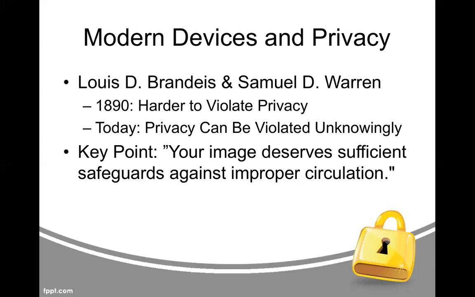Okay. So the key point here is your image deserves sufficient safeguards against improper circulation. So you want to make sure that in everything that you do, information that doesn't need to be circulated doesn't get circulated. You have rights to privacy that you may or may not be aware of, but you have rights to certain privacy. But yet, in that example, so does the president.